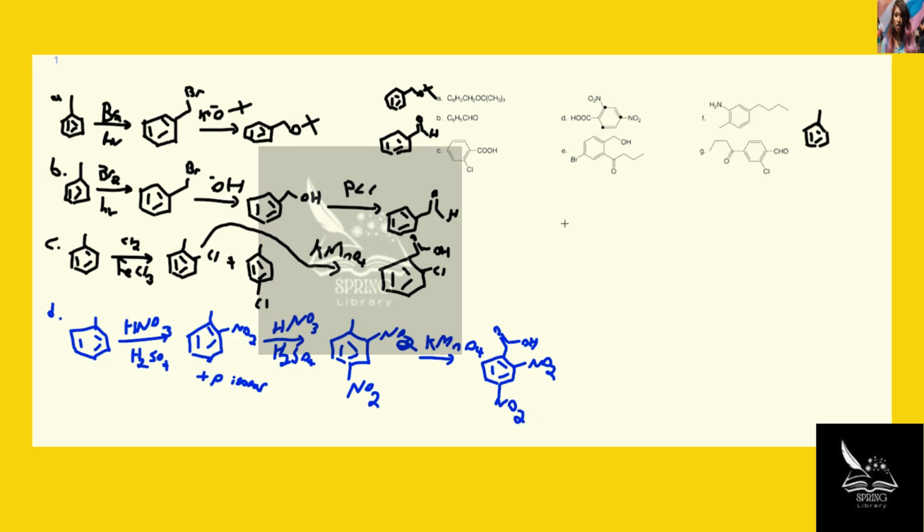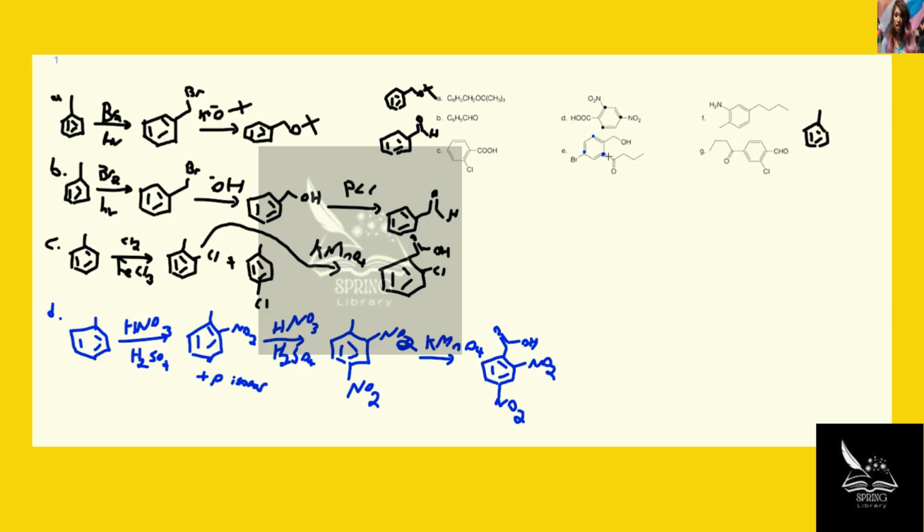So what about E? So E, we have a carbon, and then ortho to that we have this acyl group, and then paired to that we have a bromine group. So what we can do is start off with this carbon, and add this acyl group first.